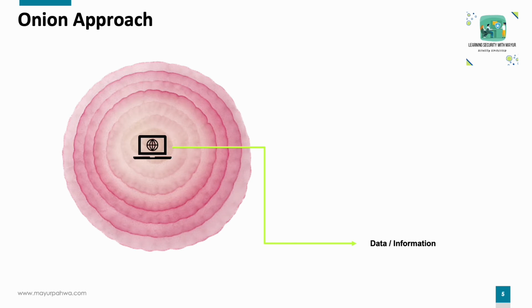In this example, let's say an intruder wants the information that is present in the server in the data center. How should we prevent that intruder from doing that? Say, implement a fence or a perimeter wall so as to deter the intruder. In case the intruder is able to enter the premises, a CCTV camera is installed to help catch him in the act. If the person monitoring the CCTV camera was asleep and the intruder was able to pass through, he needs an access ID card to enter the building.